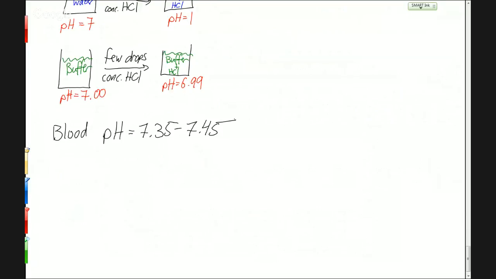And as you can see, that's a really narrow range. Just 1/10 of a pH scale number, pH value, whatever. So not a lot of room for error there. So that means your blood has to be highly buffering, because there are situations where your blood is going to experience some acids and bases. I mean, if you take a medication that gets in your blood, that's an acid. Stuff that you eat, whatever, if it gets into your blood, that could change things from acid to base.